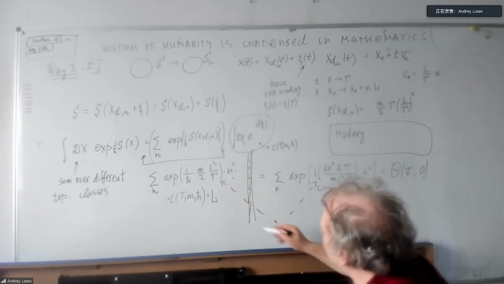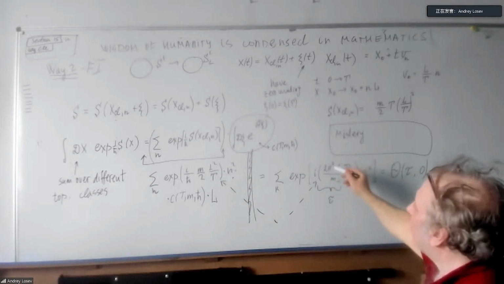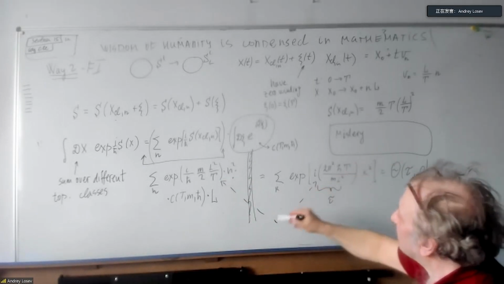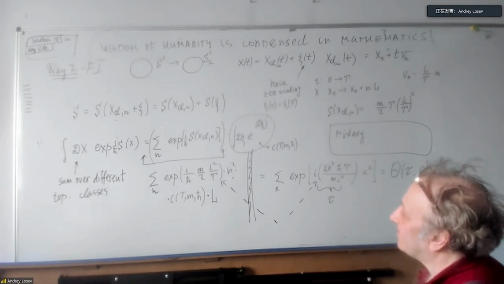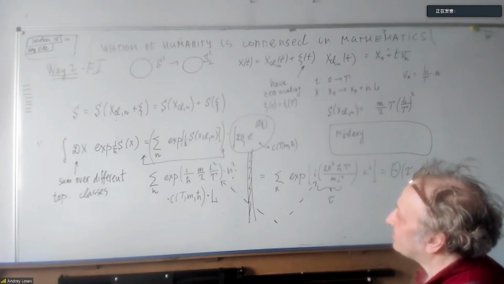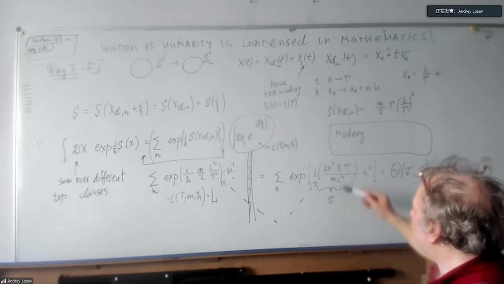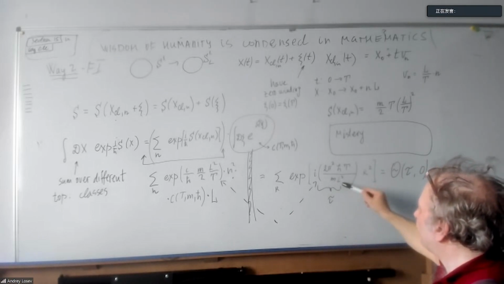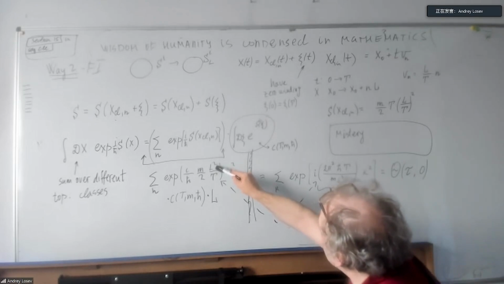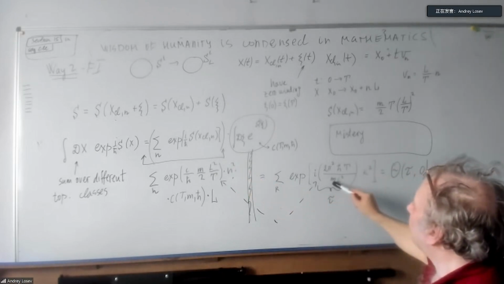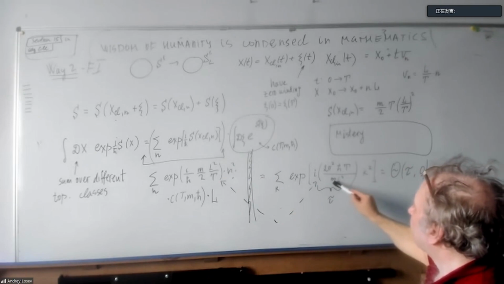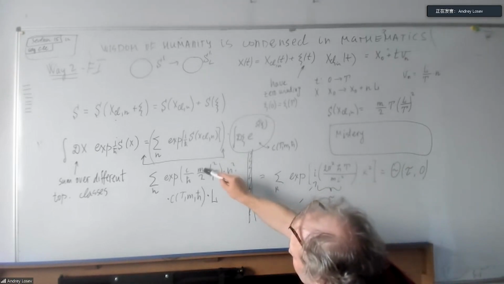What you have here is, up to a factor of 2 pi, inverse. We have L square in the denominator, we have L square in the numerator. We have M in the denominator, we have M in the numerator.